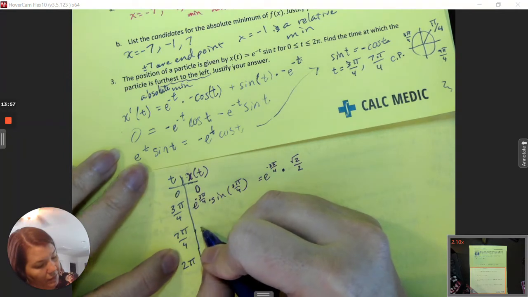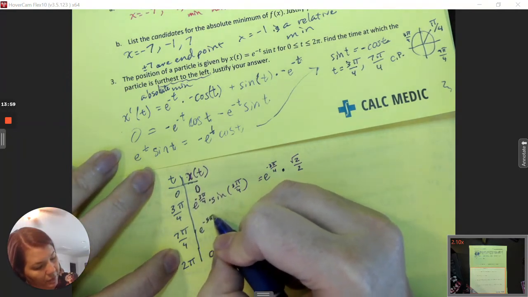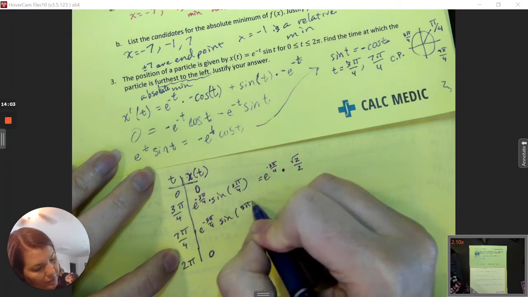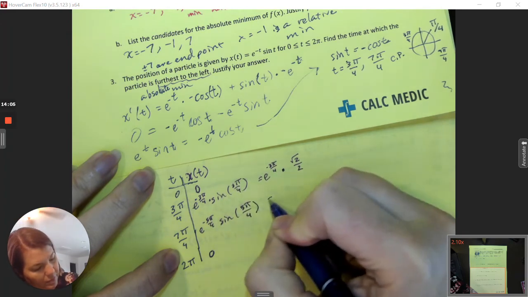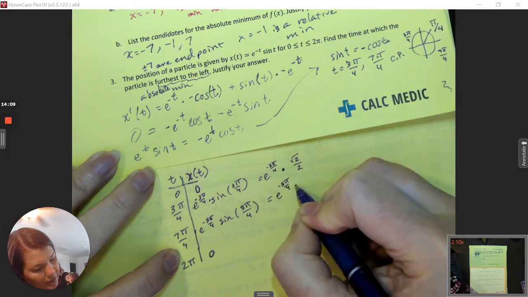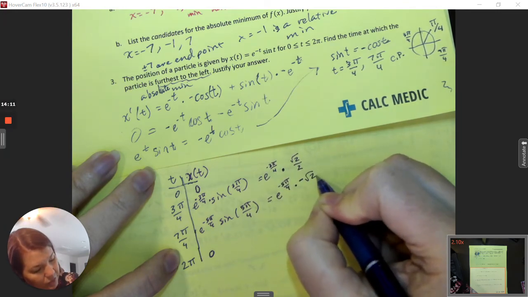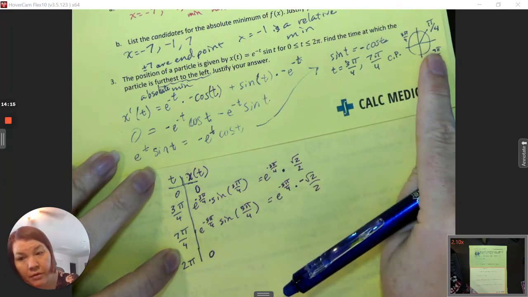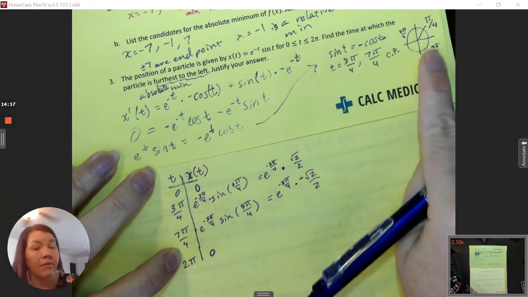Then down here we have e to the negative 7 pi-fourths times the sine of 7 pi-fourths, which equals e to the negative 7 pi-fourths times negative radical 2 over 2. It's radical 2 over 2, but I'm in the fourth quadrant, and sine is negative down here.